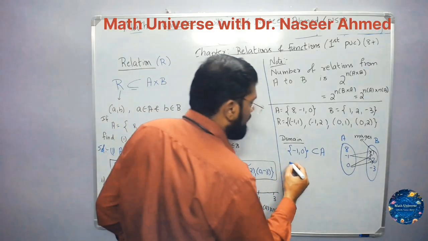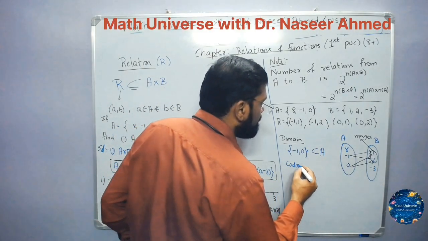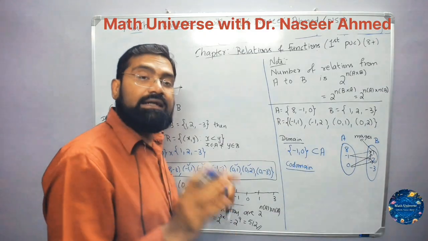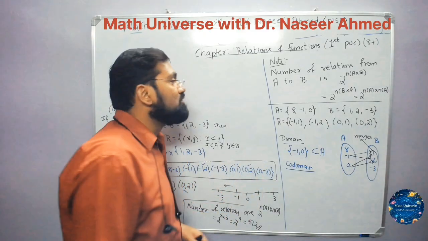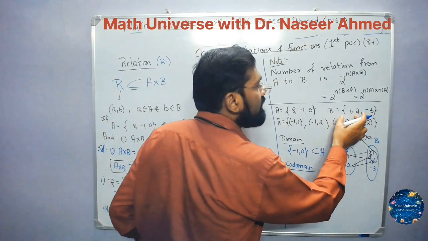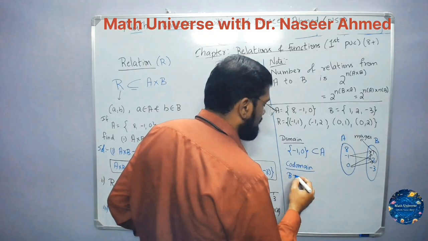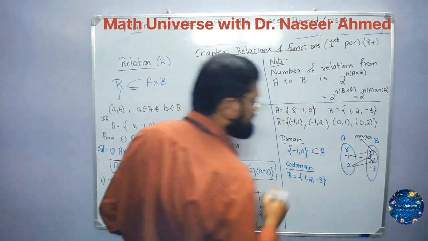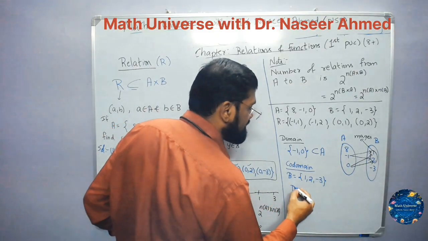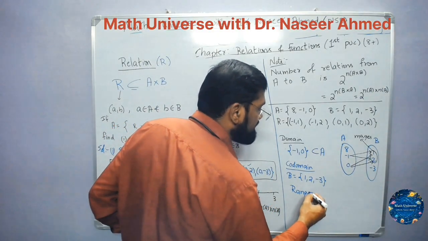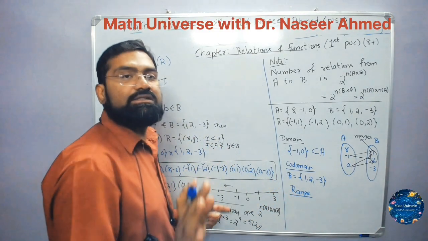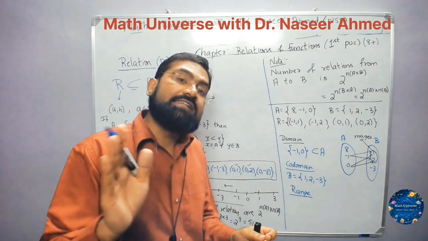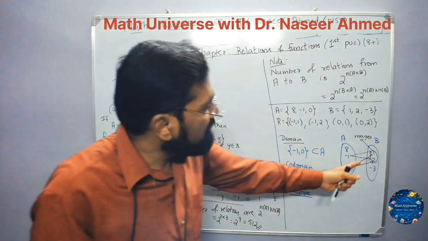Next, codomain. What is codomain? It is the entire second set B. What is the entire second set here? 1, 2, -3. That is your set B. Next comes range. What is range? The set of all the images that are present in the second set B. So what are the images? 1 and 2.